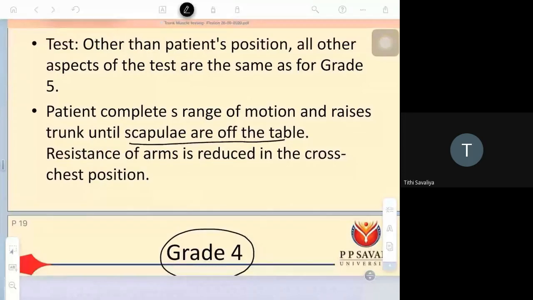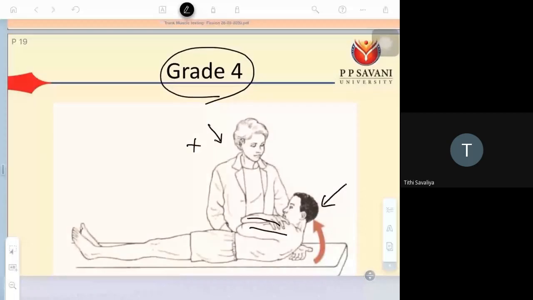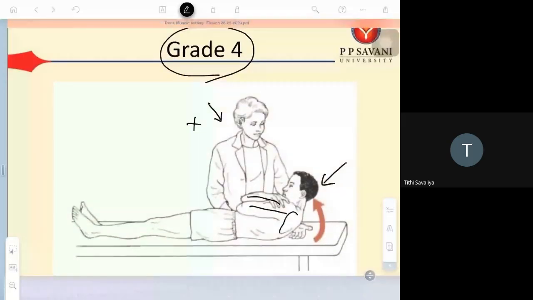From clasped hand to crossed arms, the resistance of the arm is reduced in the cross chest position. So now what is 4? If he can raise the inferior border of the scapula off the table, it is same as 5, but only the position of the hand changes. So this is grade 4.